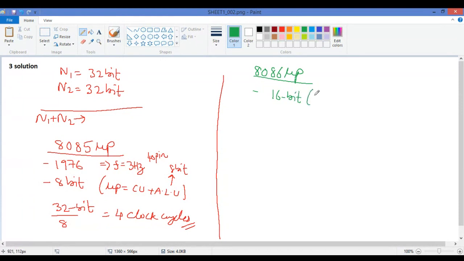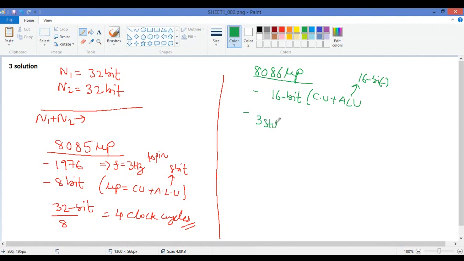It means you have a control unit and an ALU, and the size of the ALU is 16 bits. About the speed: actually, in 8086 you have 3 standards.